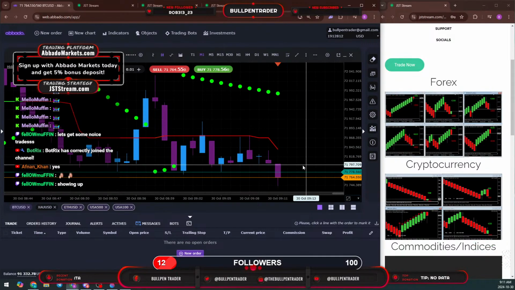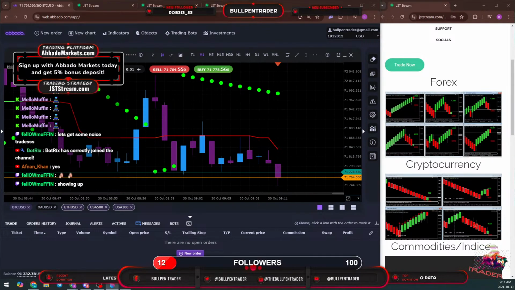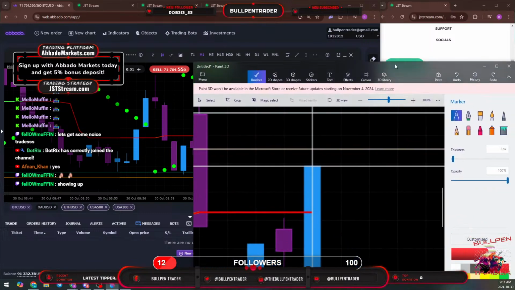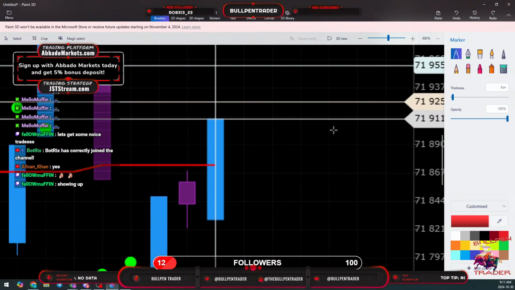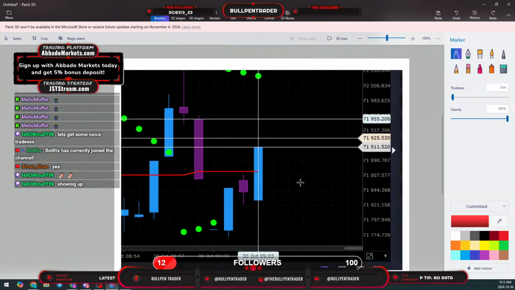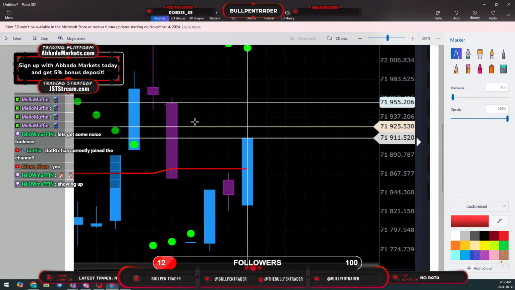All right. So let me go back to why it's so important to have a platform that has low spreads and no fees as well, no commissions, right? Because we had somebody in the Discord asking about this other platform, and I just looked it up, and they charge $6 every time you enter a trade.